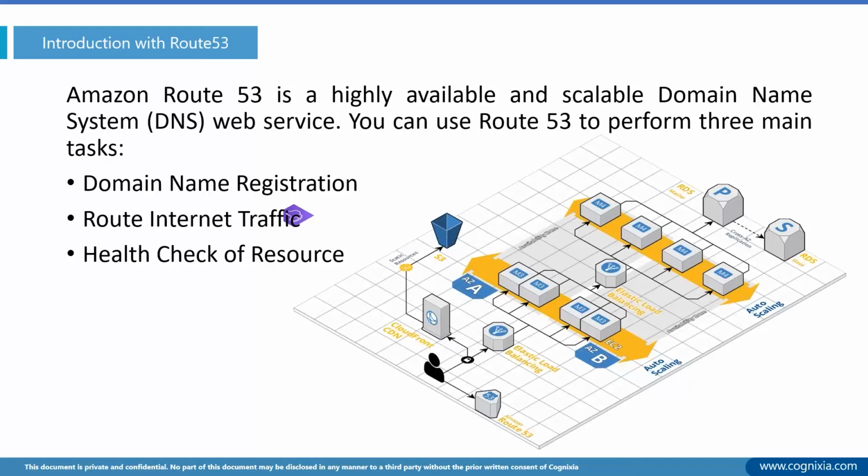Route 53 sends automated requests over the internet to a resource such as a web server to verify that it's reachable, available, and functional. You can also choose to receive notification when a resource becomes unavailable and choose to route internet traffic away from unhealthy resources. Very interesting.